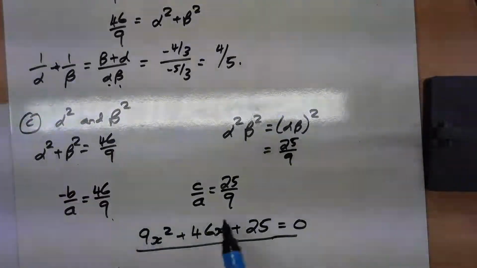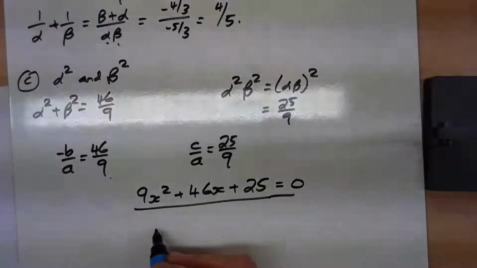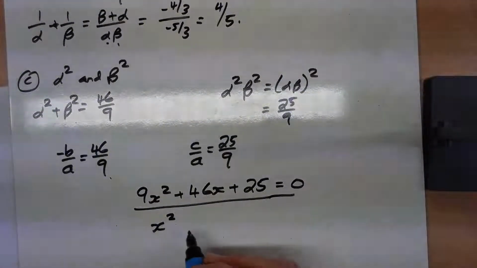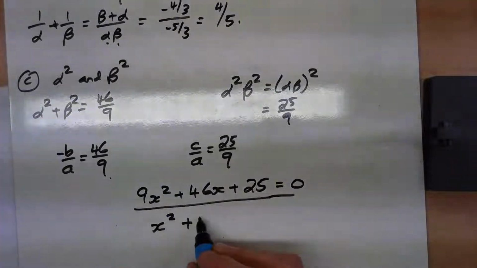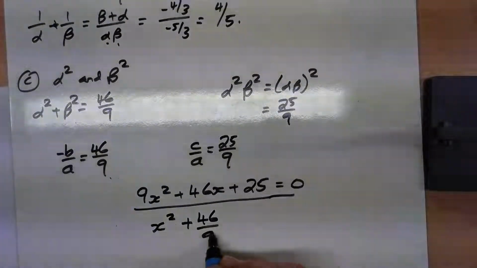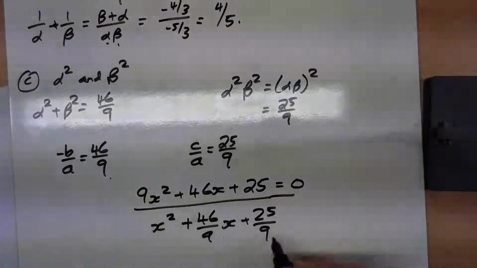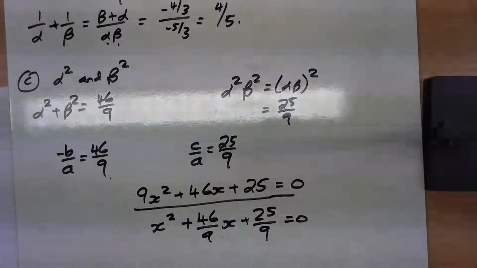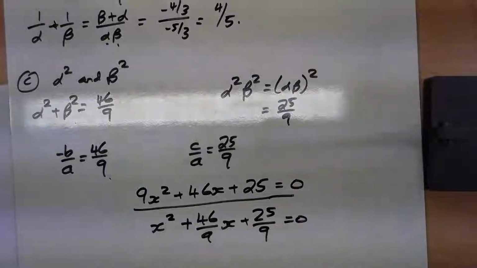I spotted that there was a 9 in both of those things there, but if these were more complicated, I would have just written x squared plus 46 over 9x plus 25 over 9, and then times by 9 to get there. And if these were different fractions, I could sort it out at that point.